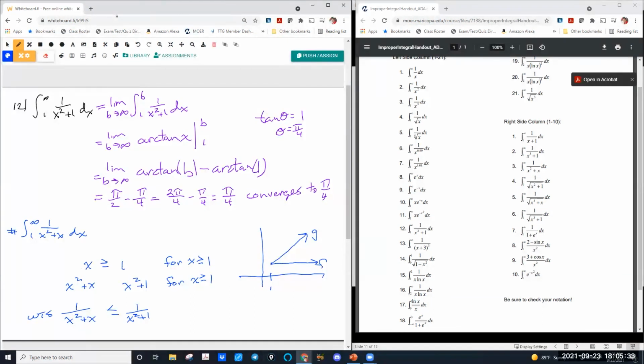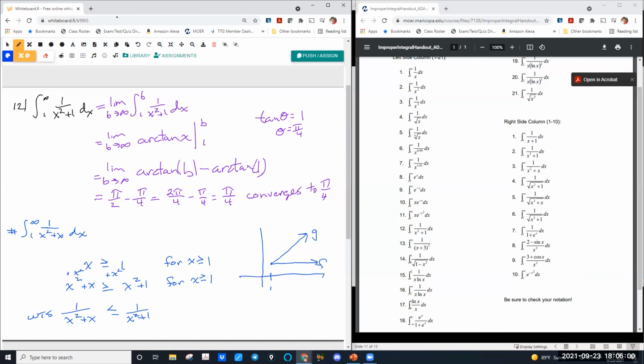It's the same thing. Well, then what we do is we basically add x squared to both sides. So kind of similar to the way we did the last one. Adding x squared to both sides, we add the same thing to both sides. It does not change the inequality. So x squared plus x is greater than or equal to x squared plus 1.